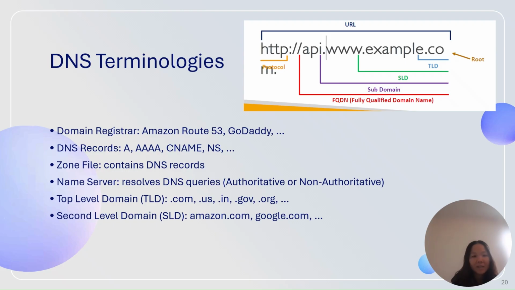DNS records like A, AAAA, CNAME, and NS. Zone files contain DNS records. Name server resolves DNS queries, authoritative or non-authoritative. Top-level domain like .com, .us, .in, .gov, or .org, and second-level domain like amazon.com, google.com.